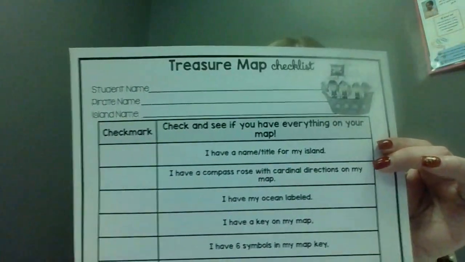The students are actually going to be introduced to something new when we do this treasure map. They are going to be given a checklist. So every time that they complete something on their treasure map, they are actually able to go back. They can read these sentences fluently and check them off on their checklist. Then they're actually able to grade themselves. They get to make sure that they have a map and key and symbol.